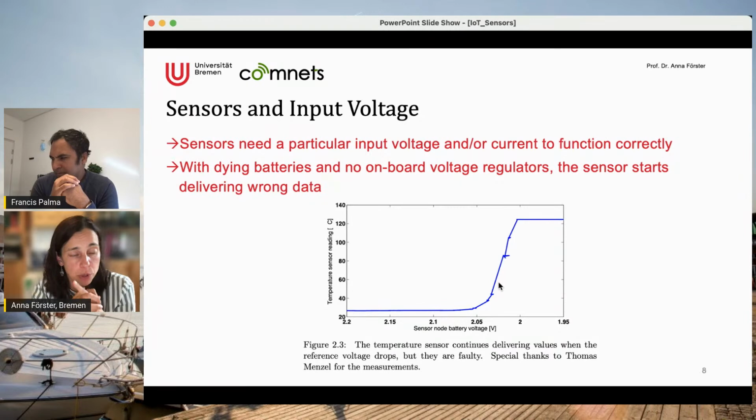And that will be propagating not only into the sensors, but also into your external memory, into your actuators and so on. So all components are affected by this side effect.